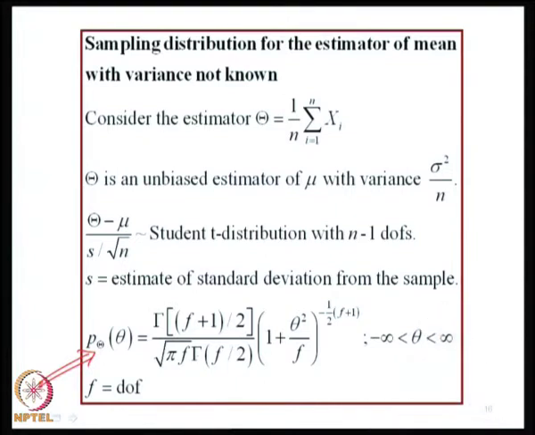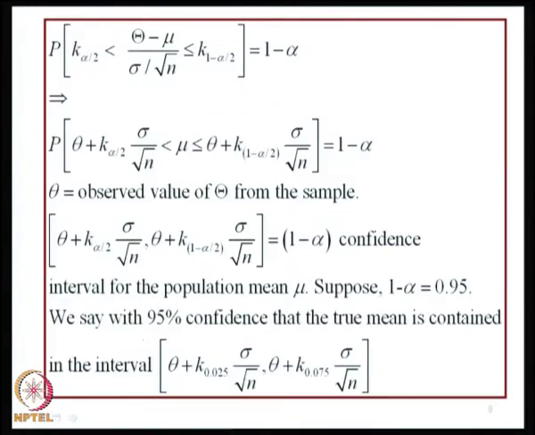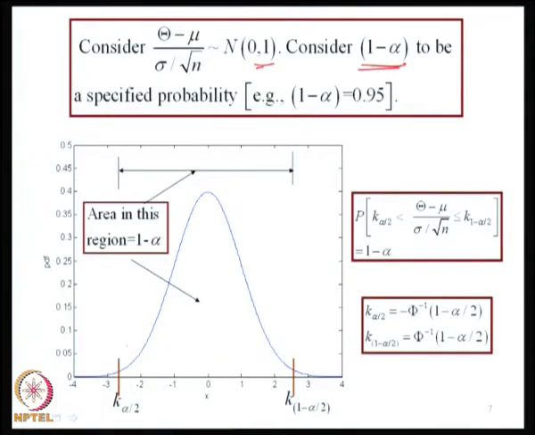Now, if you want to construct a confidence interval from this, you have to use this density function. Earlier, if you recall, in the derivation of the confidence interval we used a Gaussian curve. Now, this Gaussian density function has to be replaced by the student t distribution while computing the confidence interval.